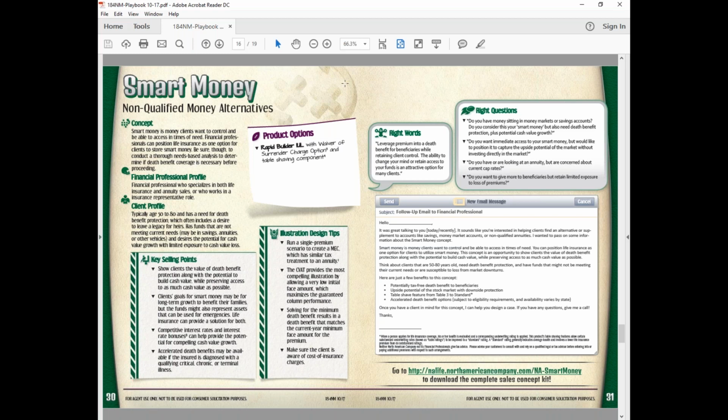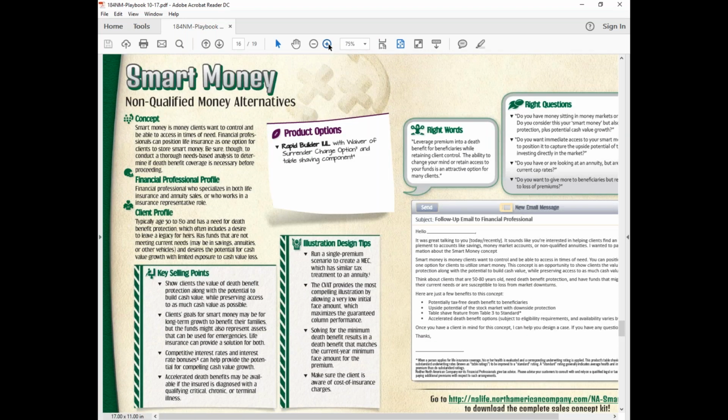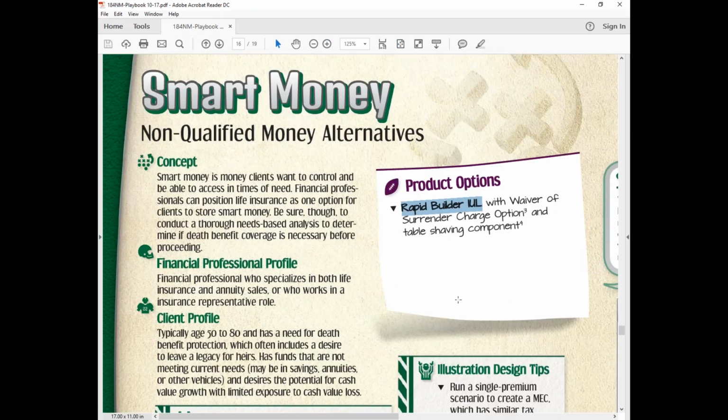So again, smart money is a concept with North American, and as you can see here, we'll just look at the products right away. It's utilizing the Rapid Builder IUL with the waiver of surrender charge and table shaving component. And really, smart money is a concept that allows clients to control and have access to their money in times of need. So financial professionals can position life insurance as one option for clients to store smart money.